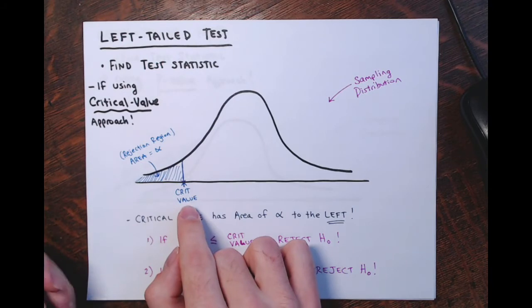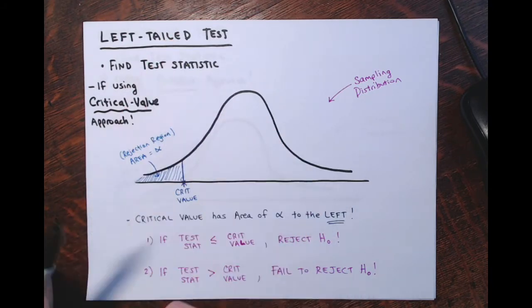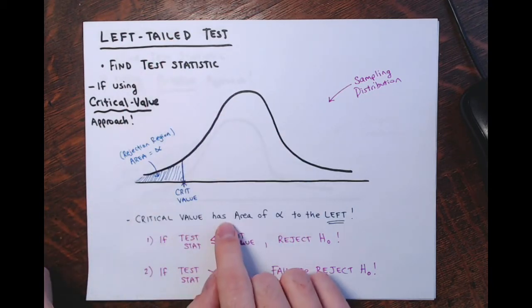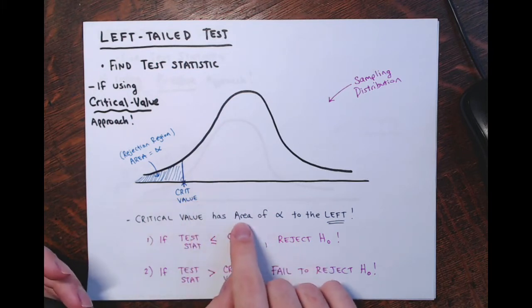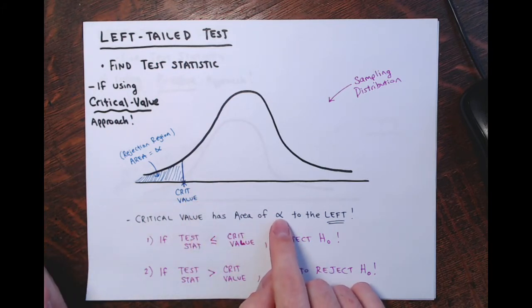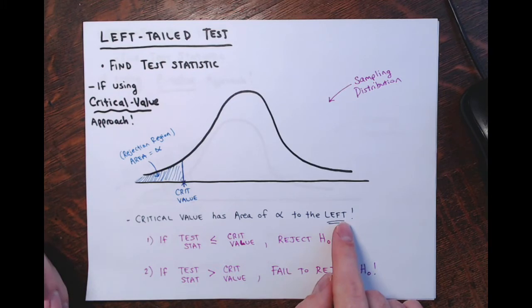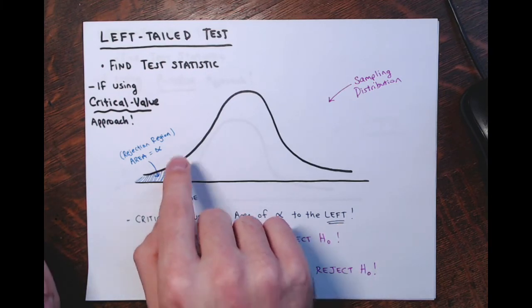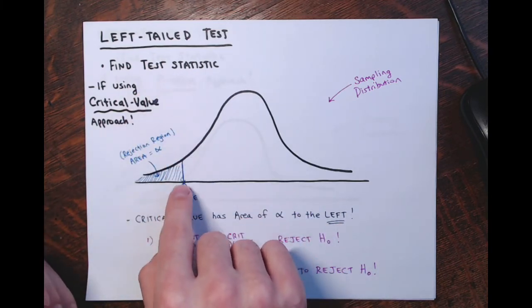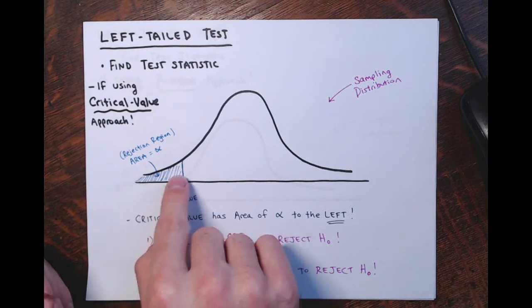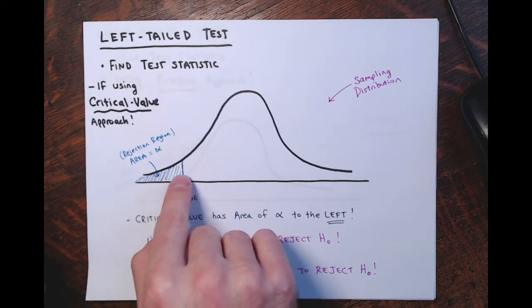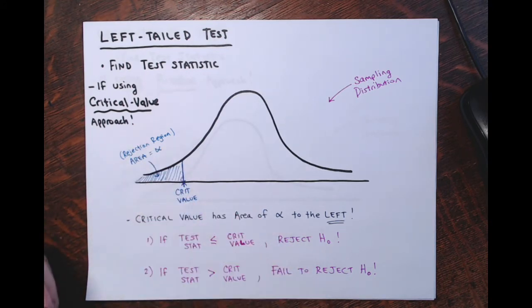The critical value in a left-tailed test is the value on the number line that has an area of alpha to the left. Remember that alpha was the significance level. So the value I'm looking for is whatever value on the number line has an area of alpha to the left. And this area to the left is going to be called the rejection region.